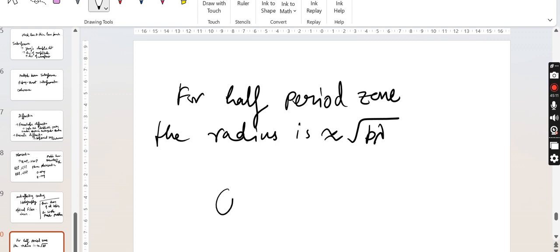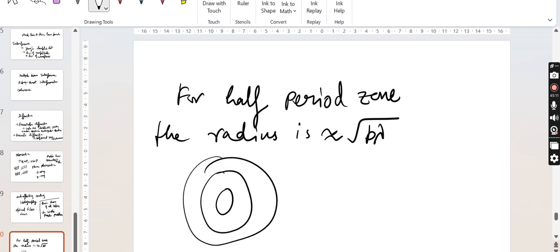So b is basically, if these are half period zones, the distance from the point, and this is b plus lambda by 2, b plus lambda, and so on and so forth.